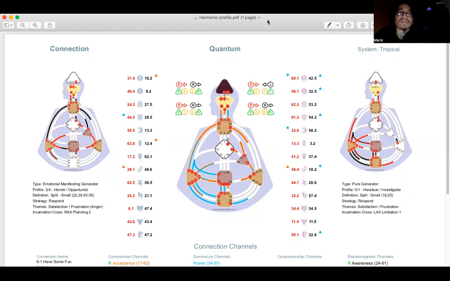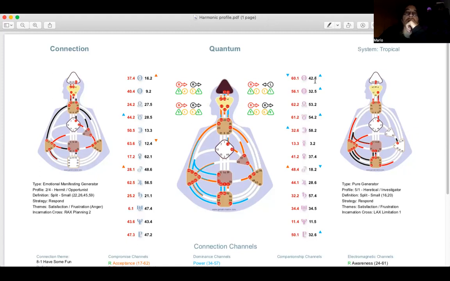So a 5-1, we're comparing with a 2-4, and does the 5 resonate to any number there? No. Does the 1 resonate to any number on the other side? No. Does the 5 harmonize to the 2? Yes. And that's over here.